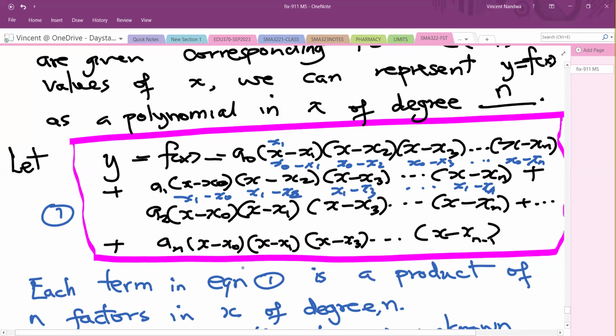The first term in each of the brackets in the denominator will be xn.